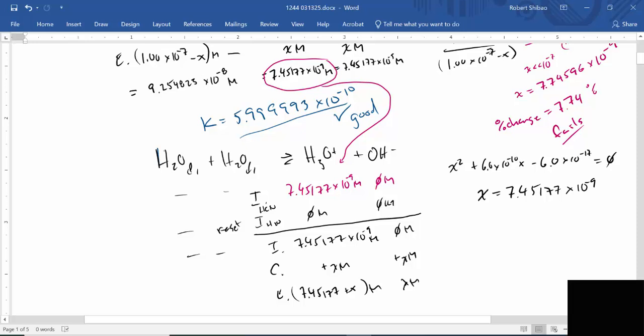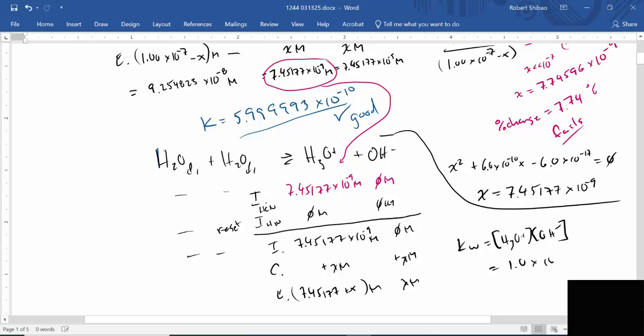So now we're going to let the molecules react and create it. But when they react this time, we don't need as much, because all we need is enough to satisfy Kw. And so this is from the previous step here. So Kw is equal to the hydronium ion concentration times the hydroxide ion concentration, which is equal to what? 1.0 times 10 to the negative 14 is a constant.